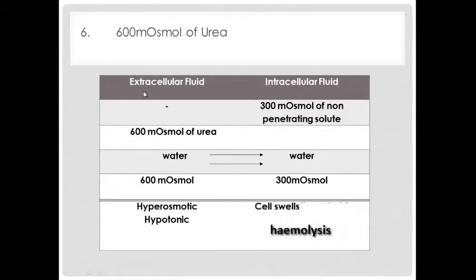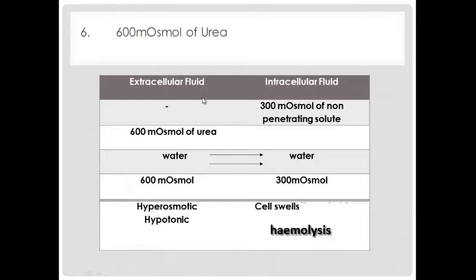Test tube 6: we have extracellular fluid with 600 mL more of urea, and intracellular fluid with 300 mL more of a non-penetrating solute. But urea, we know, is a penetrating solute, and the total osmolality in the extracellular fluid is 600 mL more, which is higher than the intracellular fluid, which is 300 mL more, so it is hyperosmotic.